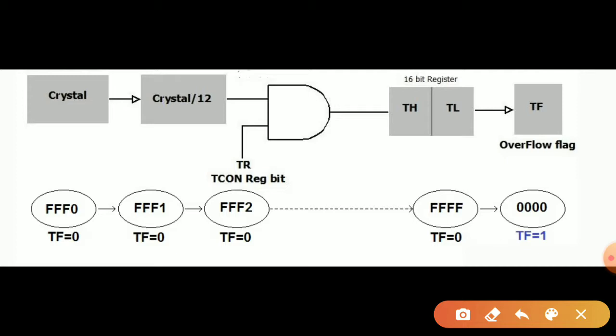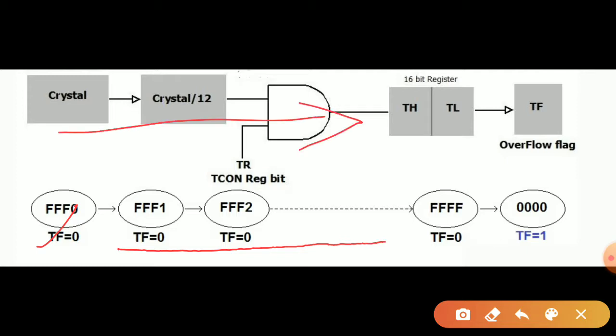If the initial values are like this, with the increment of the timer counts with each bit from the counting stage here, the pulse generation stage, when the rollover occurs at this register, the timer overflow flag TF will be set and the register will be reset to 0.